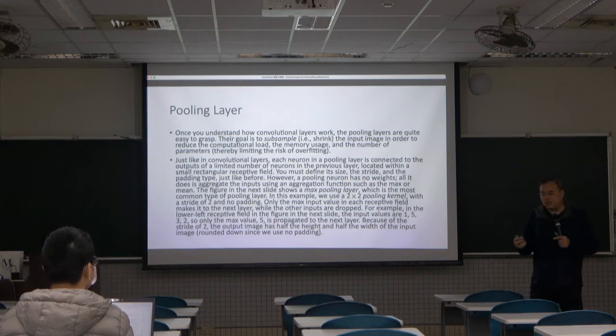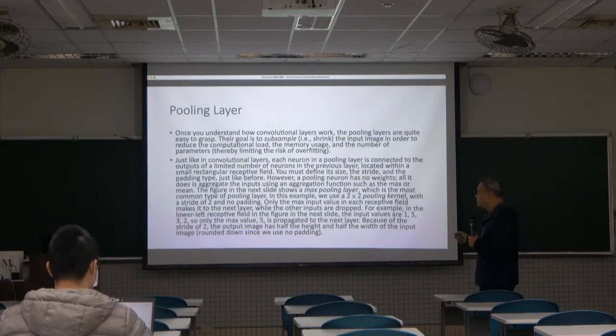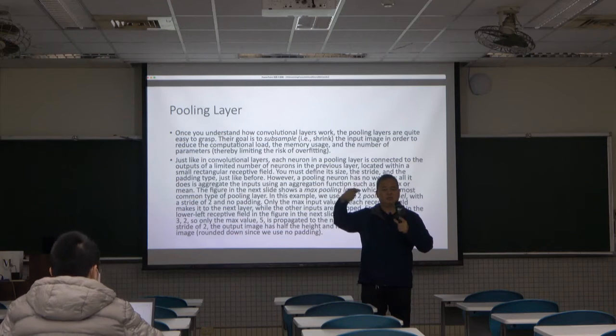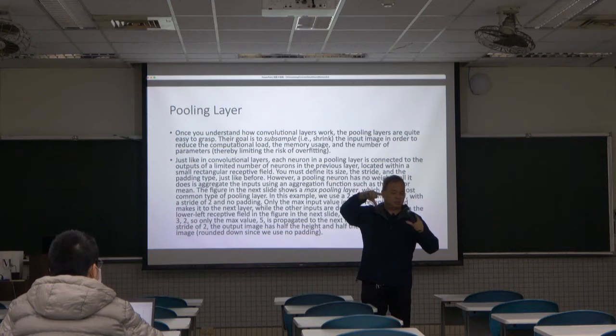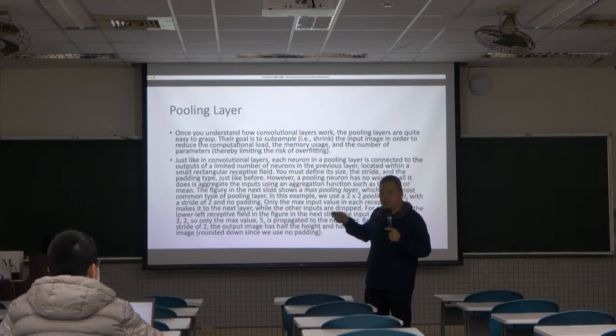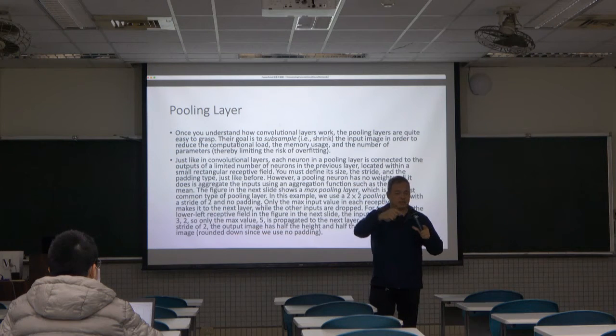The first one is called max pooling. Remember the filter uses a small area and does some computation over the image in that area. But for the pooling layer, if it's max pooling, it just gets the max value from that small area and outputs it.